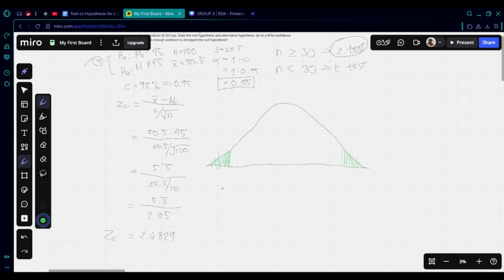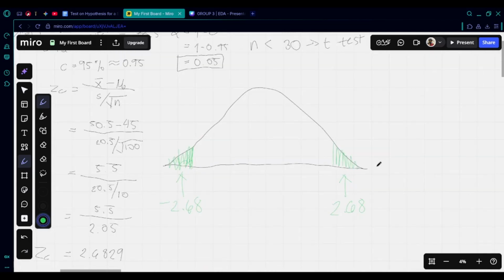Inside this region, we have here our 2.68, so this is negative 2.68, and we have here our 2.68.